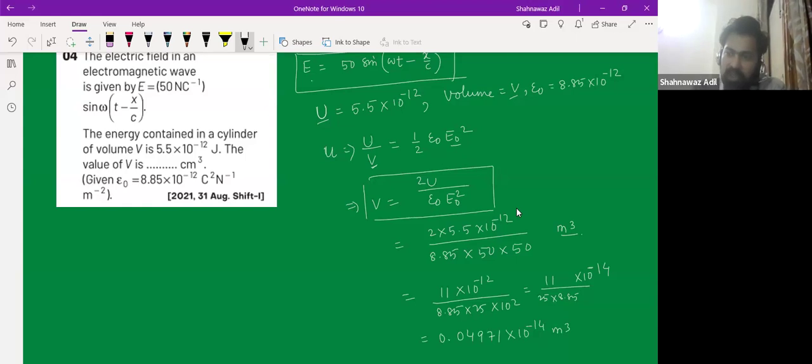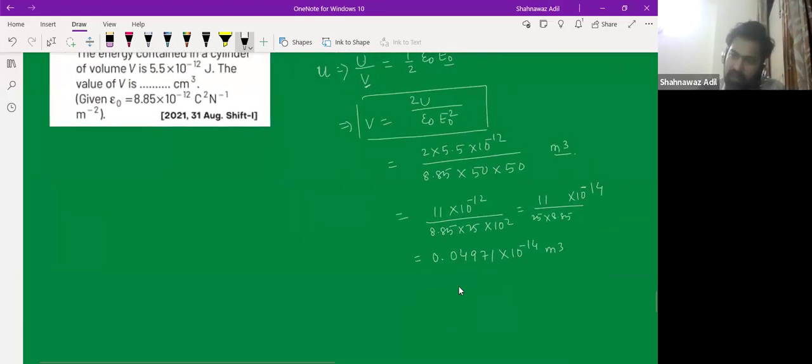And we have to write it in centimeter cube. So this is 0.04971 into 10 to the power minus 14, and a meter is 100 centimeter, so 100 into 100 into 100 centimeter.